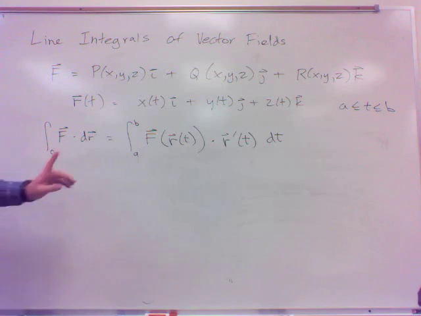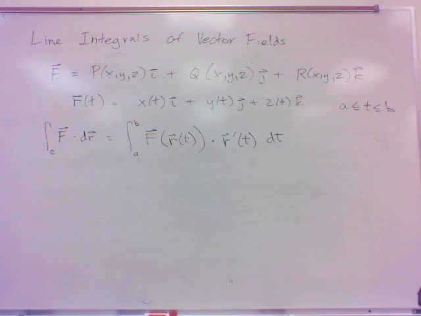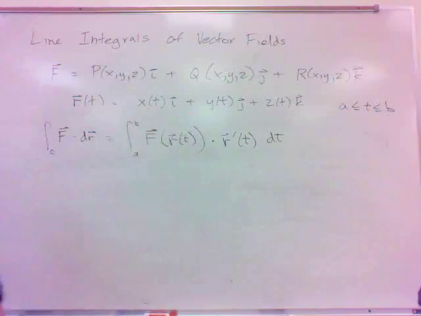So basically you plug in what r of t is into your vector field, get the derivative, and then do your integral. It's kind of a three-step process. But in the examples here, the integral turns out not to be too bad.